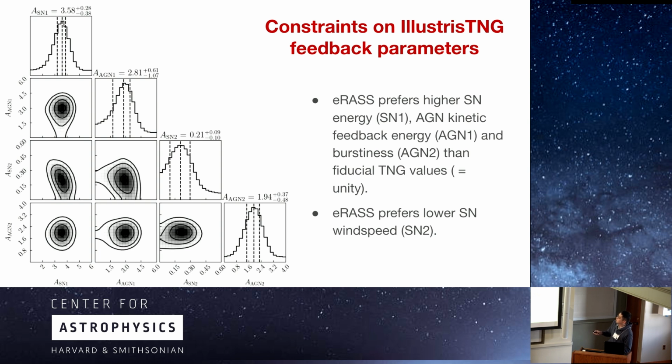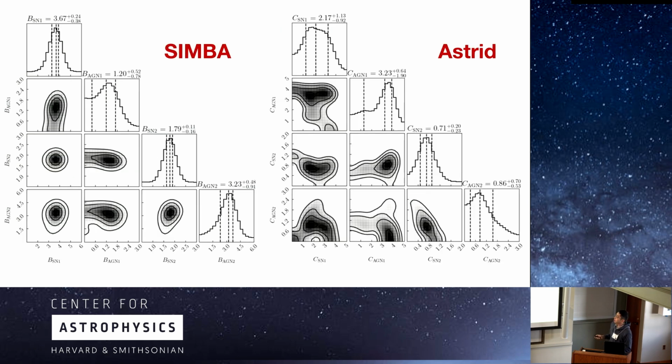So you can see that all the parameters here, except for this one, prefer a higher value than 1, which means that the eROSITA result prefers a stronger feedback in all, except for this supernova 2, which is the wind speed.